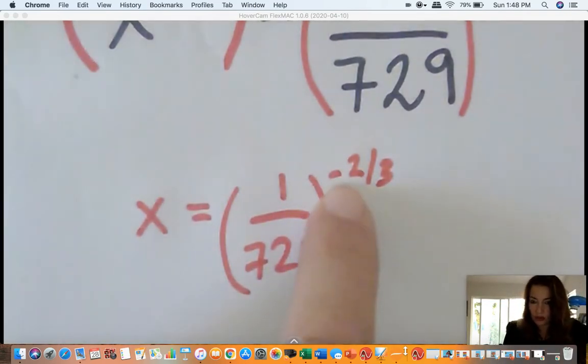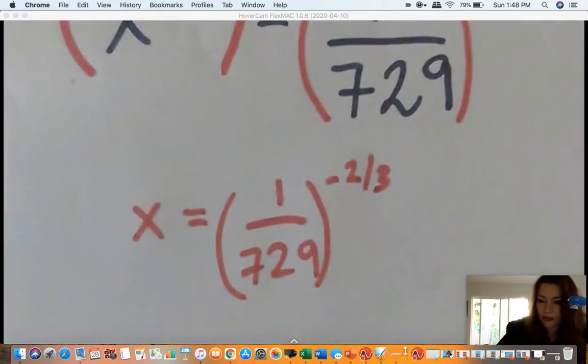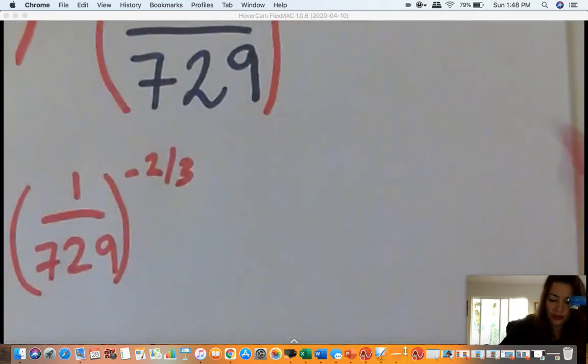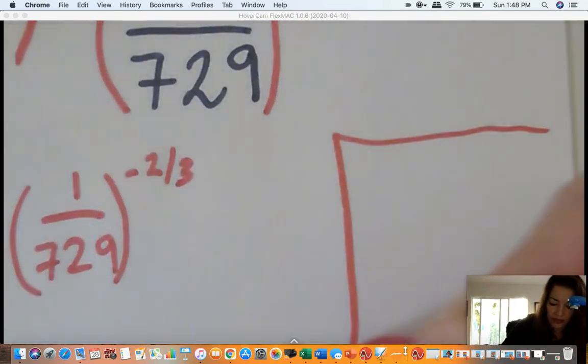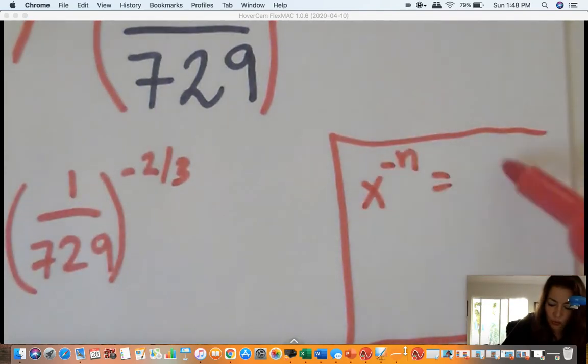So if I want to rewrite this as a positive exponent, if you recall negative exponents, here is a short review of negative exponents. We have x to the -n is equal to 1/x to the +n.